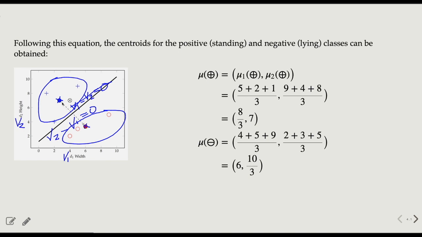And then the idea is that the separation line should be somewhere in between the two centroids, or in the middle of the two centroids. And so we are going to find the middle point between the two centroids and draw a straight line, or a linear function actually, perpendicular to the line connecting the two centroids.